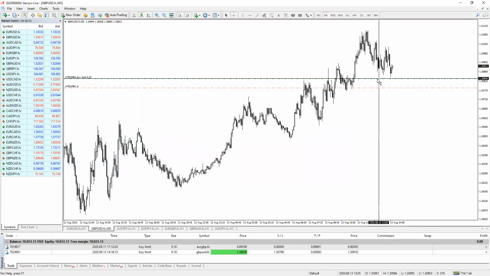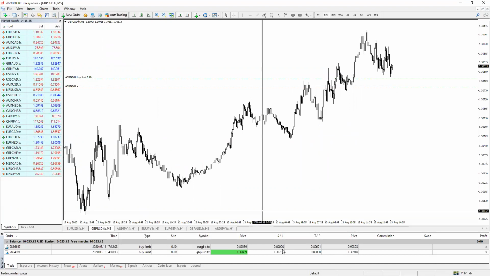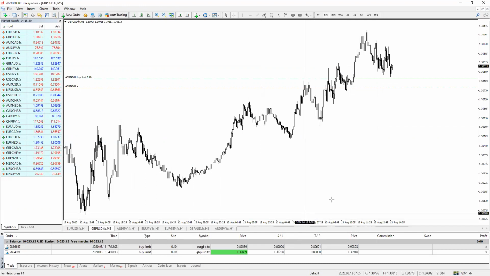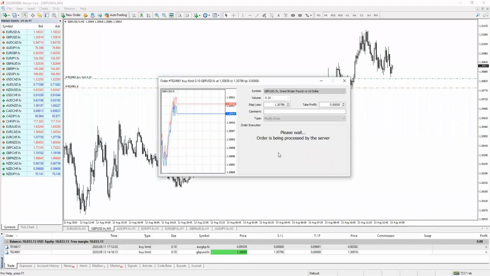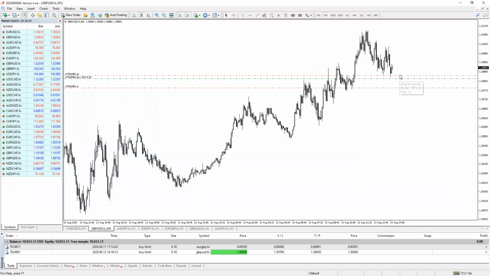And then drag it. Let's set TP, and we'll work out the values right off. Now everything will be drag and drop.